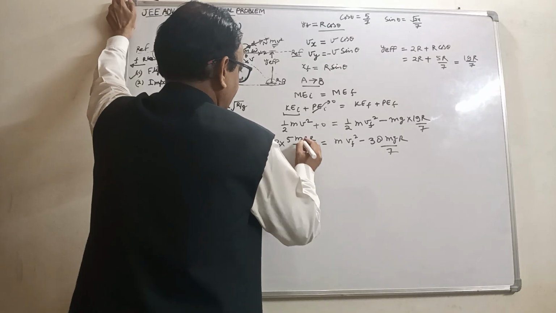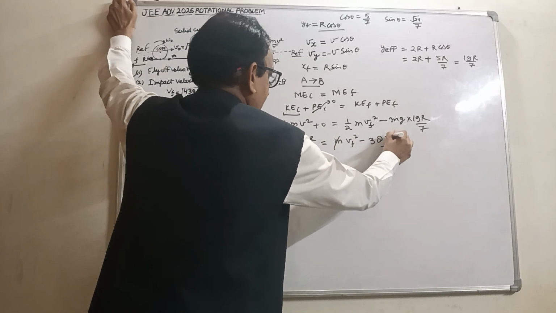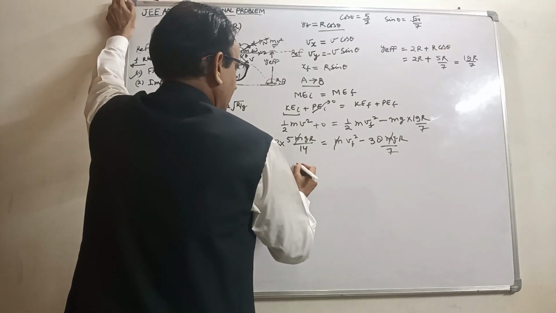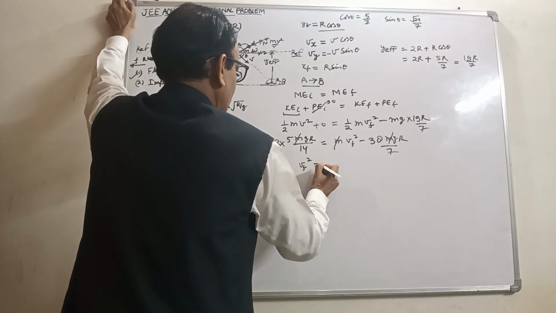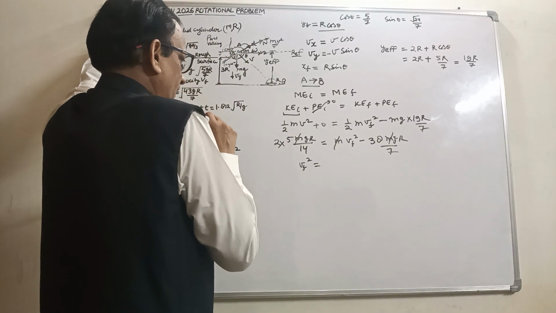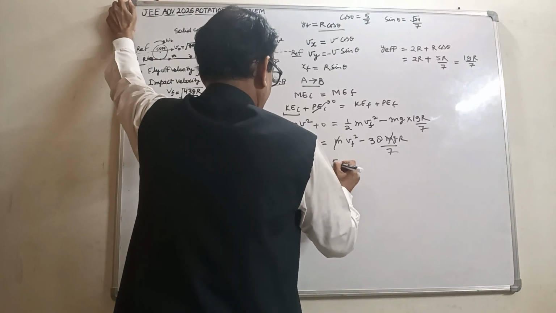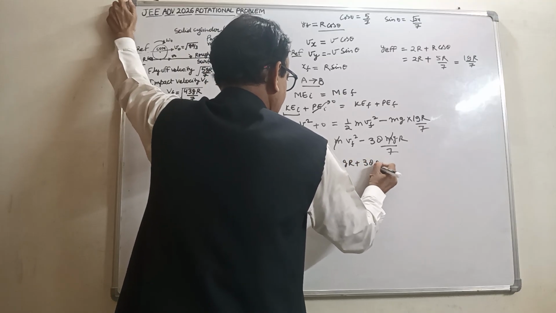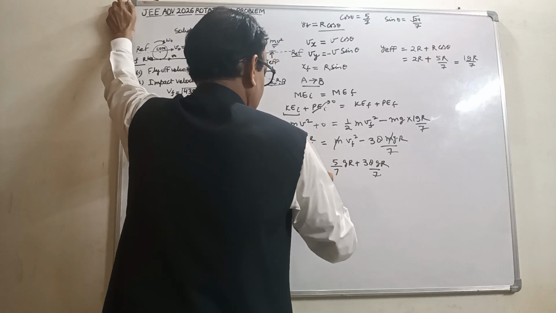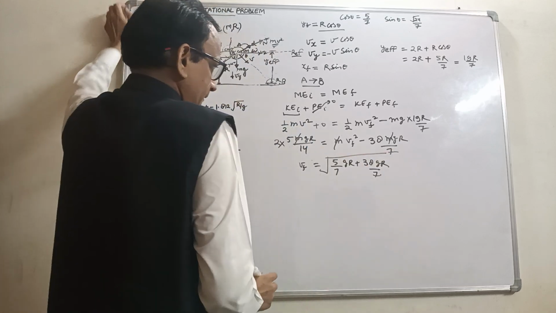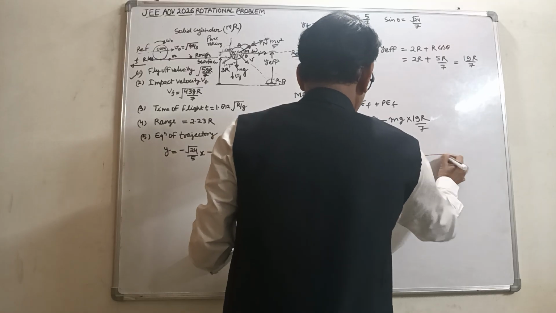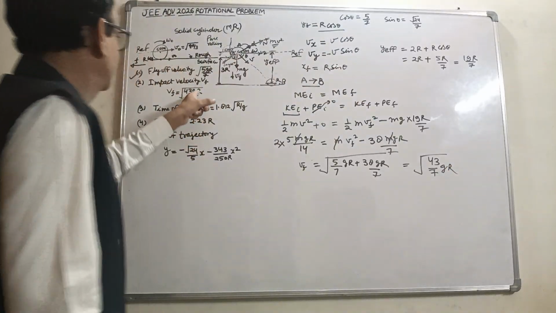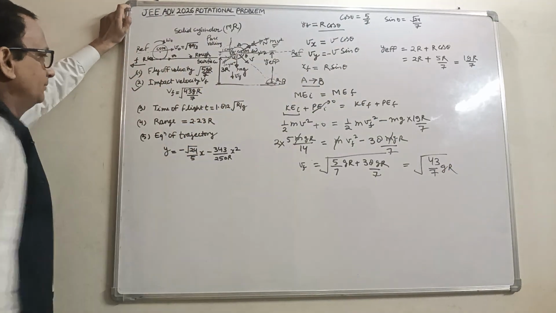So we write mgr, m cancels out, and this becomes 5 by 7, and vf square is equal to 5 by 7 gr plus 38 gr by 7. So this becomes under root 43 by 7 gr. So the impact velocity would be root of 43 gr by 7.